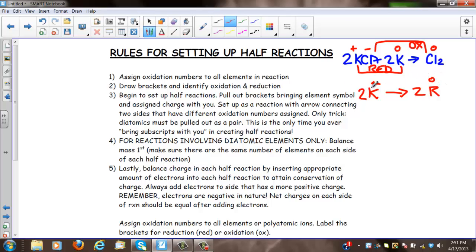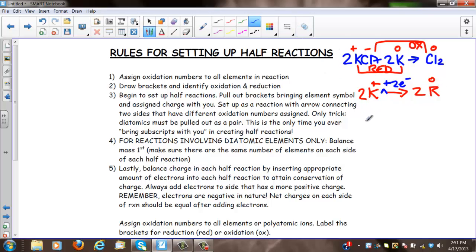So we have 2 times a +1 versus 2 times 0. So in this case, we would have to add 2 electrons to the left-hand side. So 2K plus 2 electrons yields 2K. So a +2 and a -2 equals 0, which matches my 0 on the right-hand side.